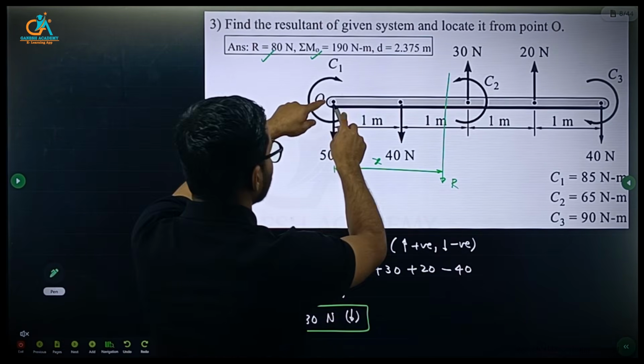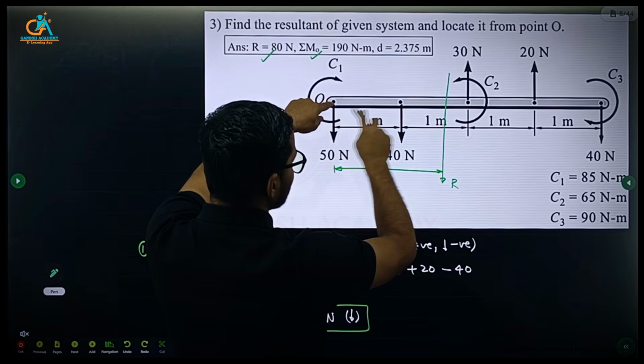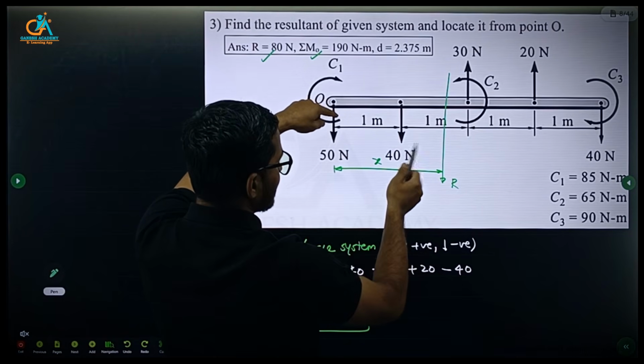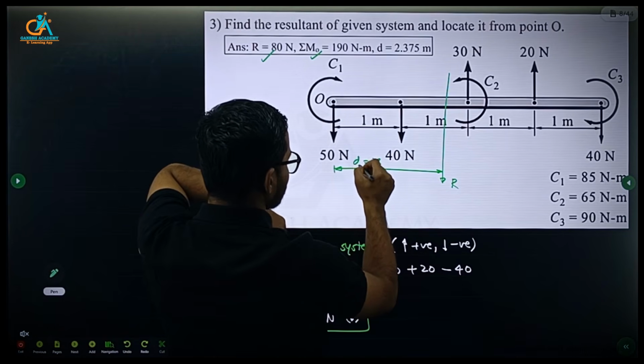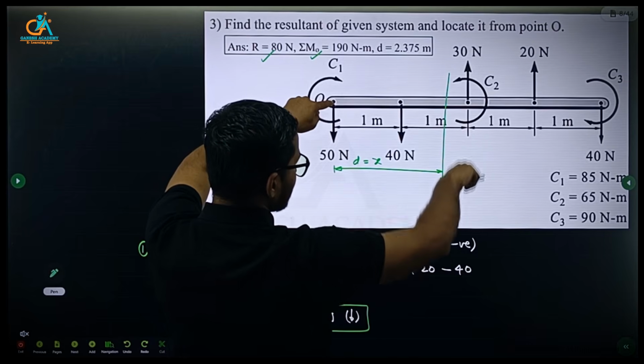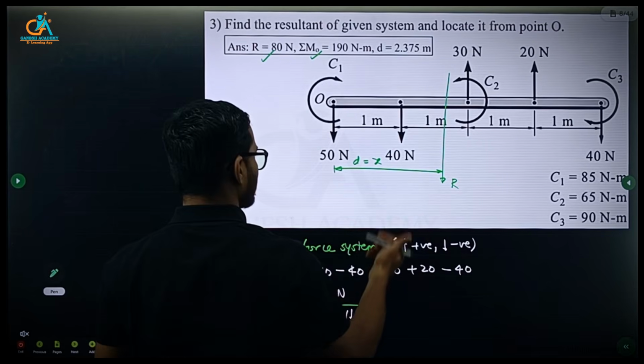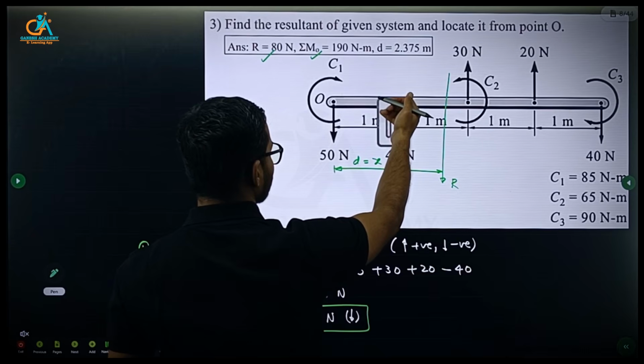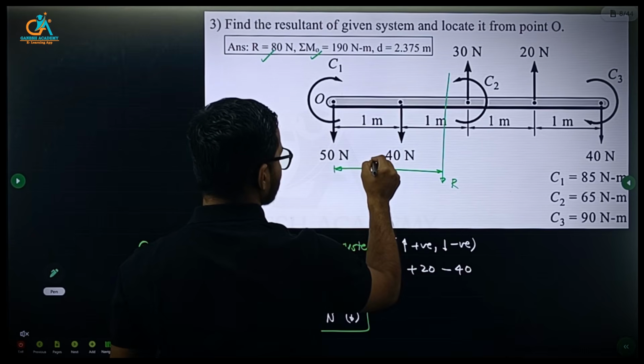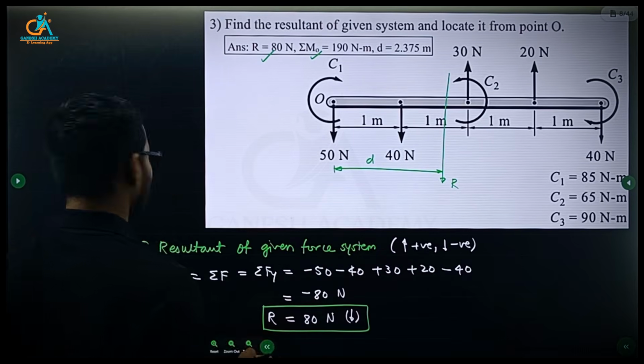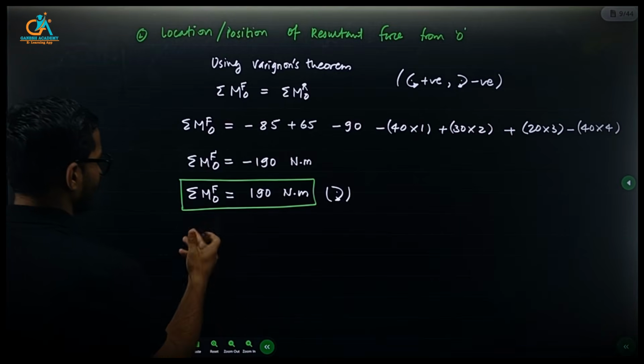So the moment of the resultant about O is R into distance x, or you can also consider d. So R into d clockwise will produce the same moment 190.